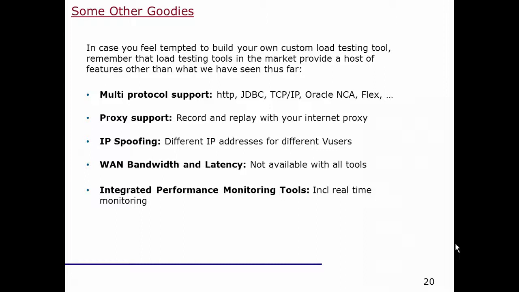Many tools also provide you with integrated WAN bandwidth and latency settings. Many tools do not give that setting as well, and many tools will give you integrated performance monitoring tools, including tools for real-time monitoring.